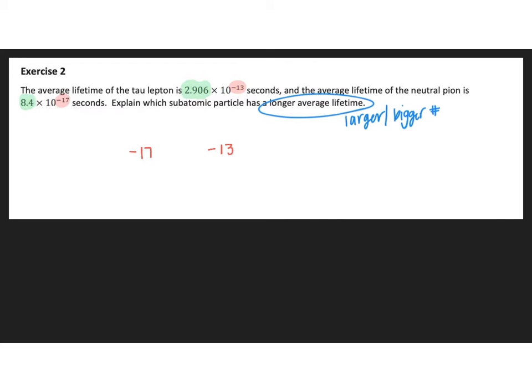Well, when dealing with negatives, the one that is actually closer to 0 is bigger. So negative 13 is bigger in this case. That means that this has a longer average lifetime. This is called the tau lepton.